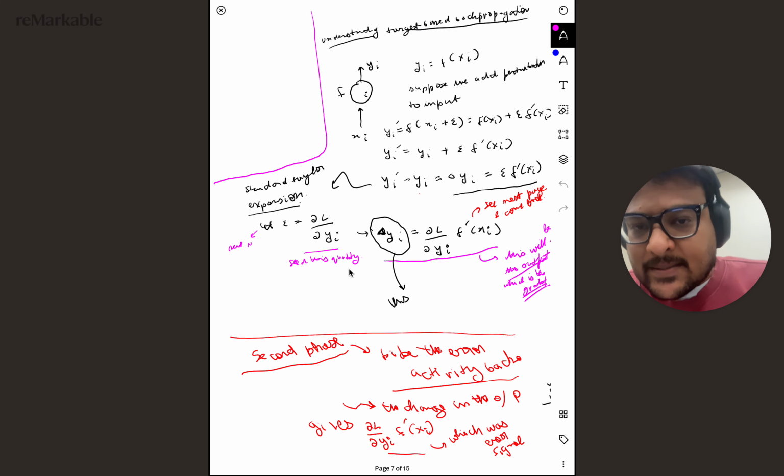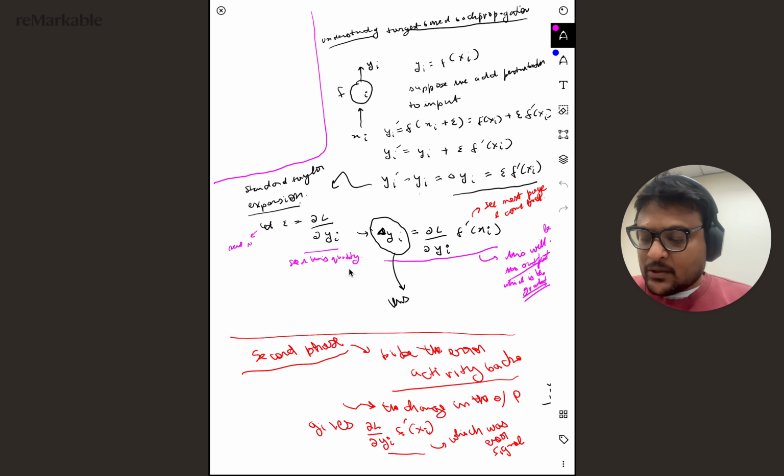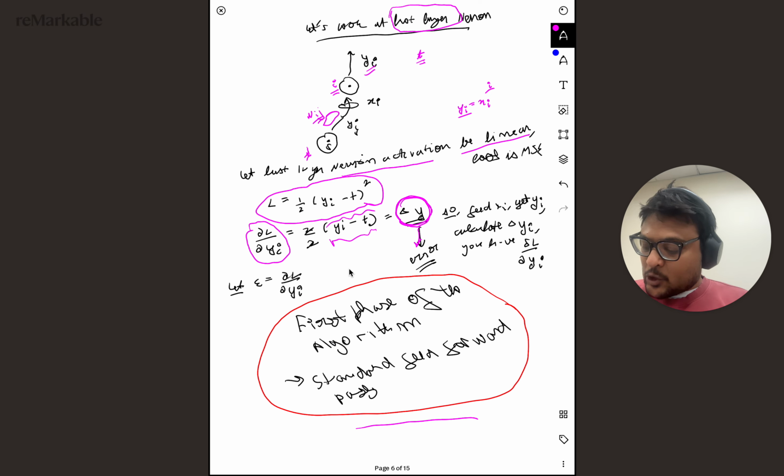So now let's assume that you fed in xi, you got yi, you had a target, and then you calculated the difference between them, which we called epsilon. Epsilon is del L by del yi.